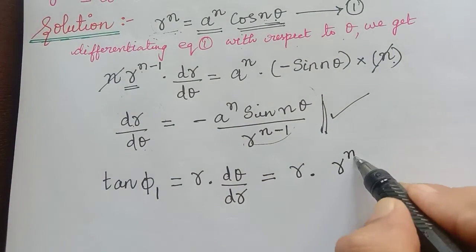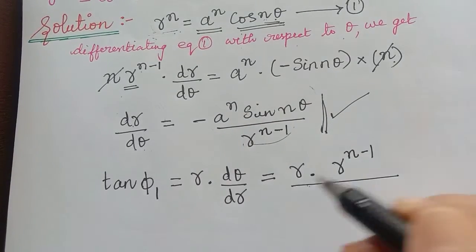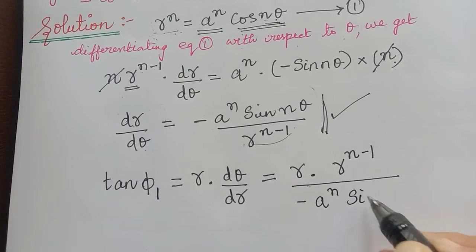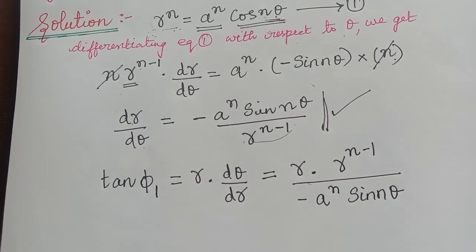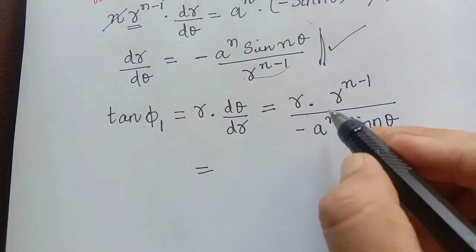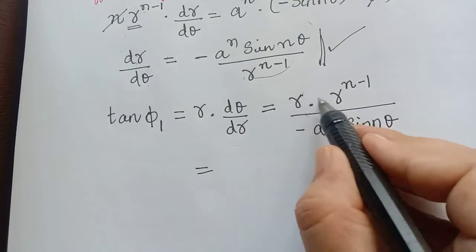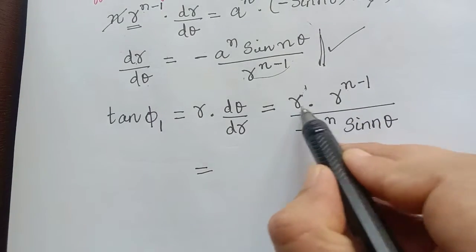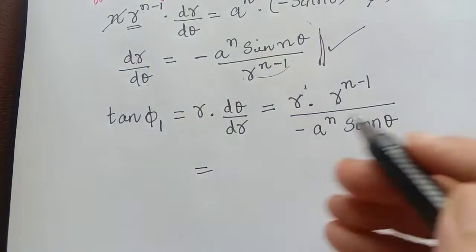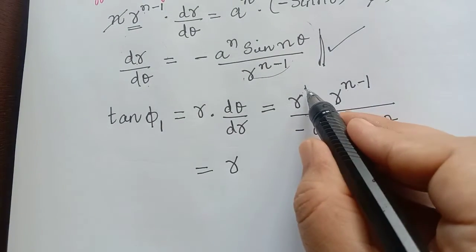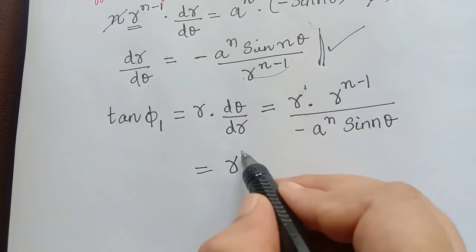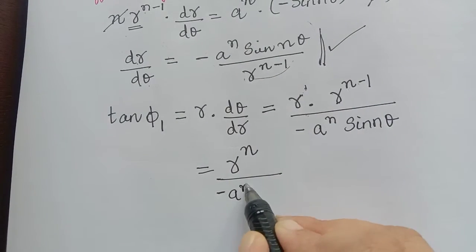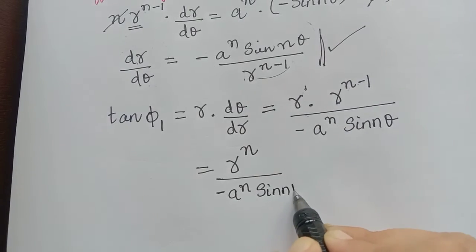So r^(n-1) divided by, in the numerator we have minus a^n sin nθ. When you add the powers, because you have r to the power 1 and r^(n-1), these two are the same base, so you can add the powers. So r^(1+n-1) will be r^n divided by minus a^n sin nθ.